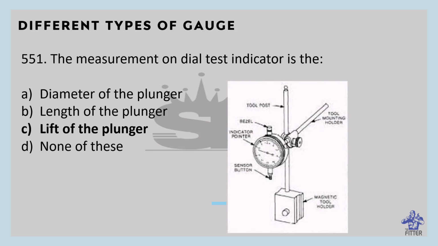Dial indicators are measuring devices used in mechanical and industrial applications. They are designed to measure in vertical or horizontal position and typically used to measure clearance, tolerance, and variation in tolerance of machine parts to ensure accuracy. The measurement on dial test indicator is the lift of plunger.